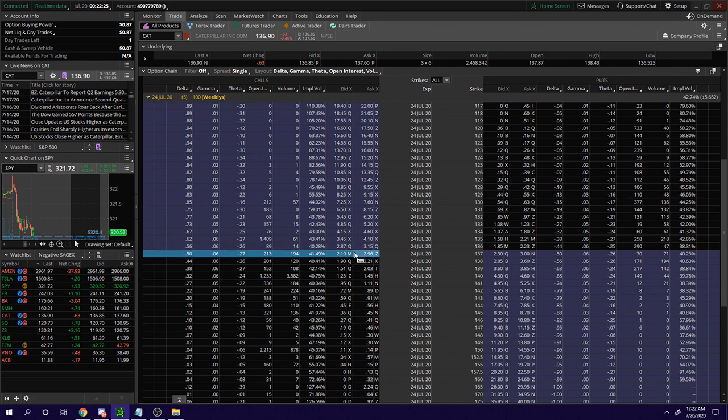Times that by the 100 shares, you get 219 or whatever. The median price of this would probably be like 240. So you just have to multiply it by 100, because these are the statistics for one share's worth of premium.